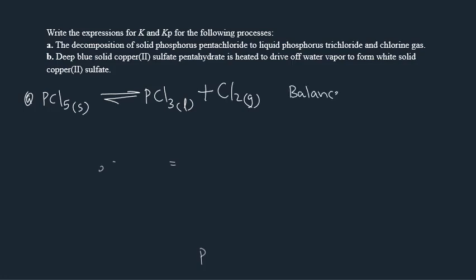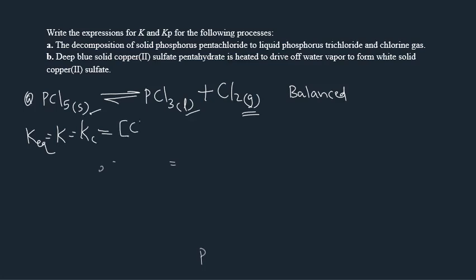So we have to write a balanced chemical equation, and then let us write the Kc, which is the same as K or Keq. We can see that only for gases can we write it. This is liquid and this is solid, which will not appear in the equilibrium expression.